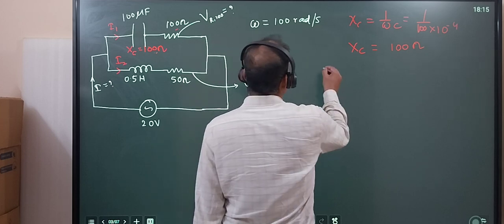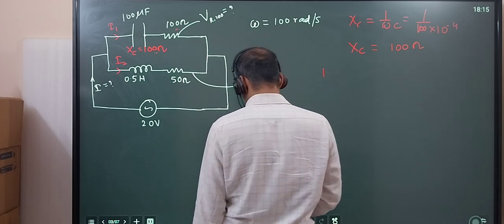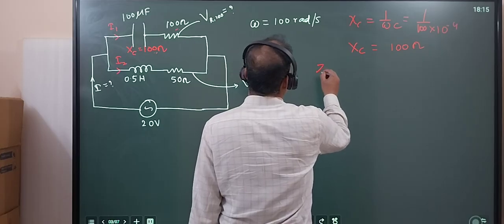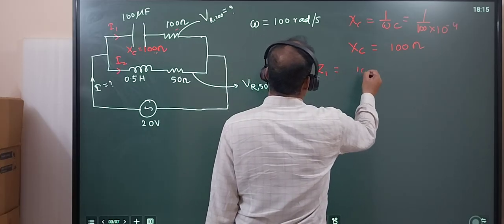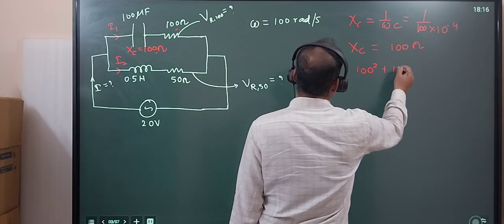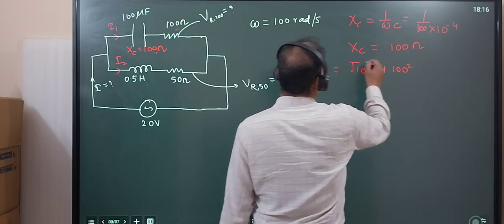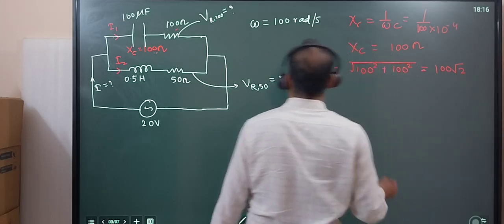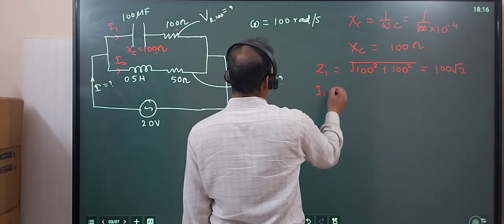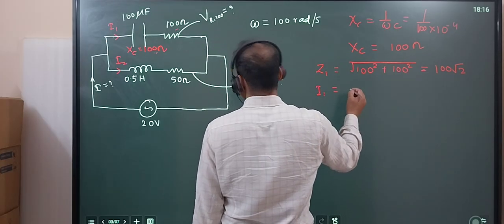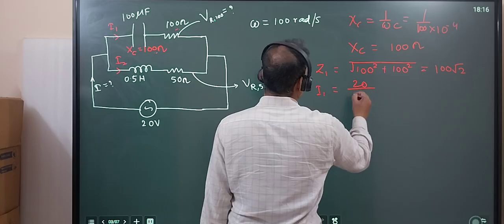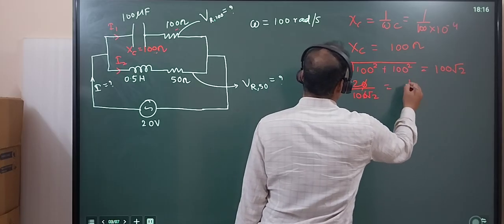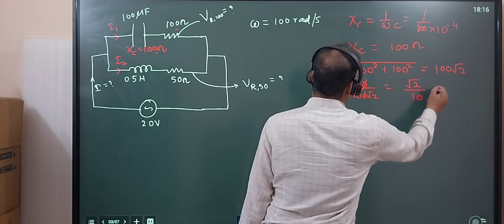So Z1 will be square root of 100 square plus 100 square, which is 100 root 2. And I1 will be 20 by 100 root 2. This will give you root 2 by 10 ampere.